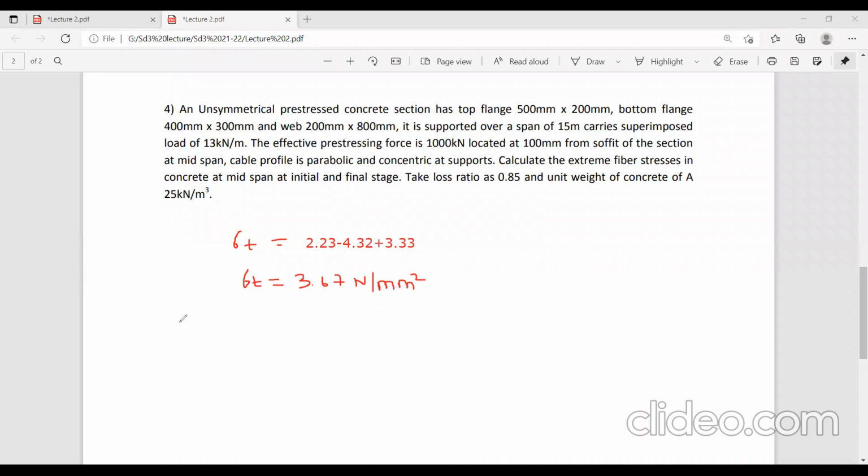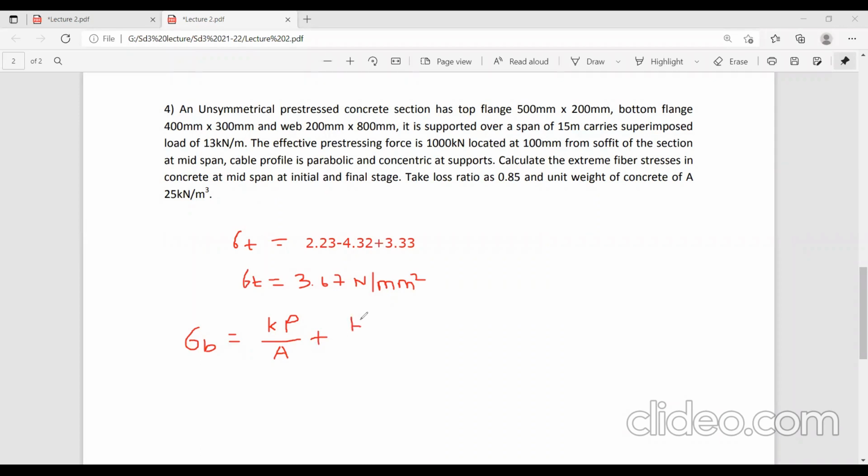So now next find out sigma B is equal to k P divided by A, then plus. At the bottom it is compression due to the pre-stressing force.